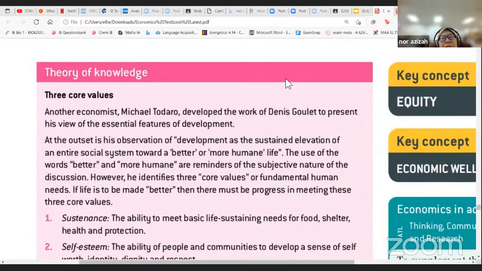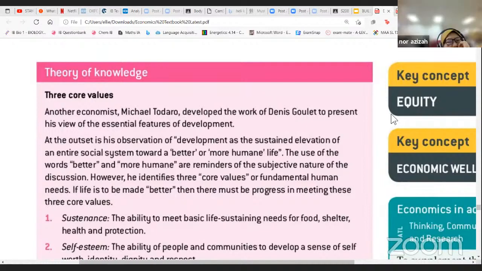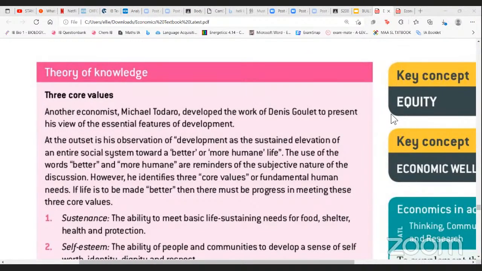Okay, theory of knowledge, Hazim. 3 core values. Another economist, Michael Todaro, developed the work of Dennis Goulet to present his view of the essential features of development. At the outset is his observation of development as a sustained elevation of an entire social system toward a better or more humane life.